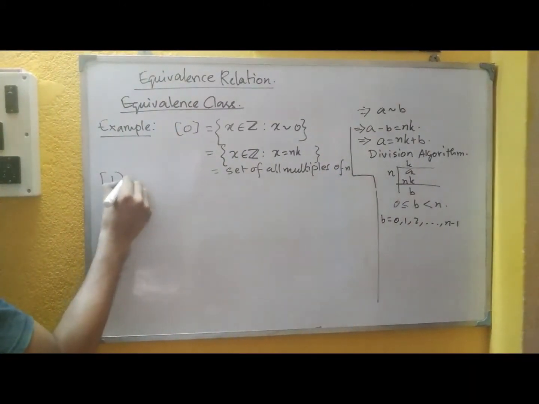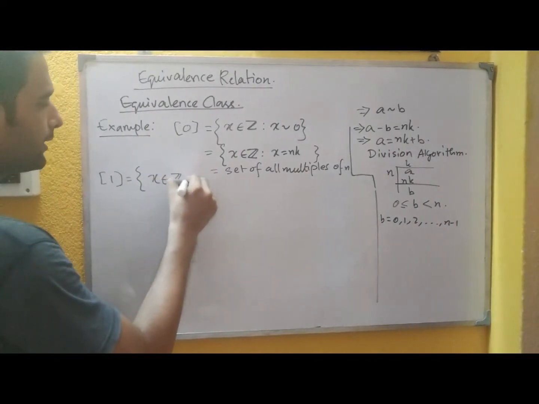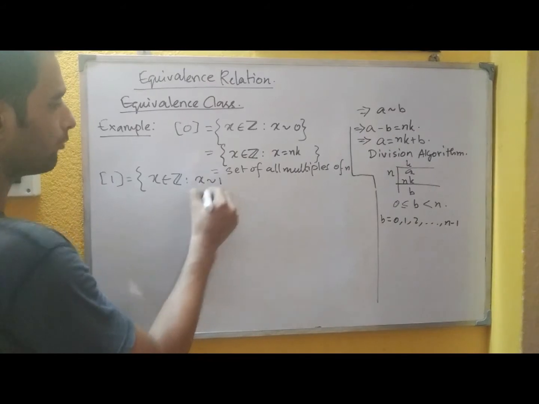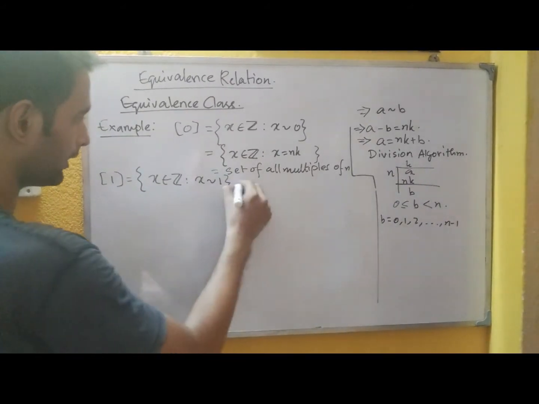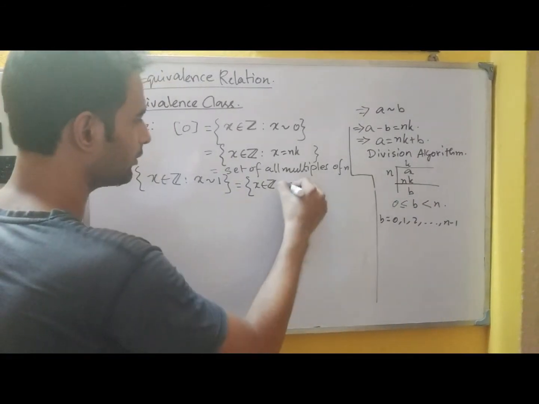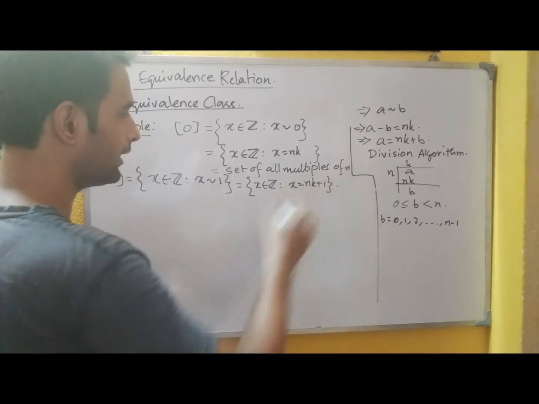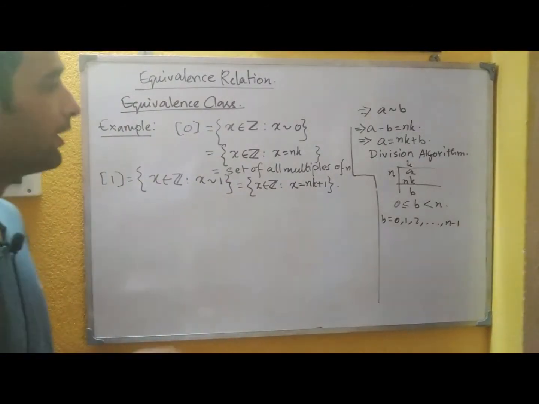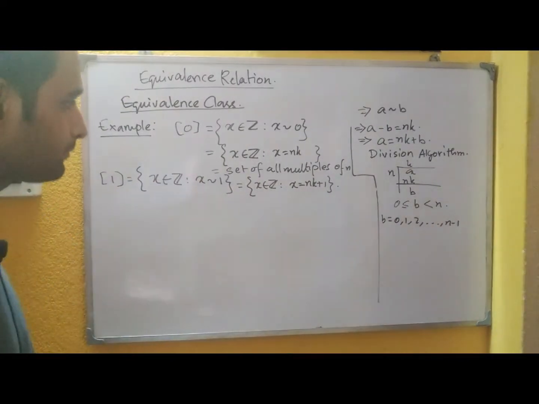So what is one class? Similarly, it is a collection of all the integers which leaves remainder 1 when divided by n. So here we can write it is the collection of all integers which are of the form nk plus 1, because whenever an integer is in the form nk plus 1, it will leave remainder 1 when it is divided by n.